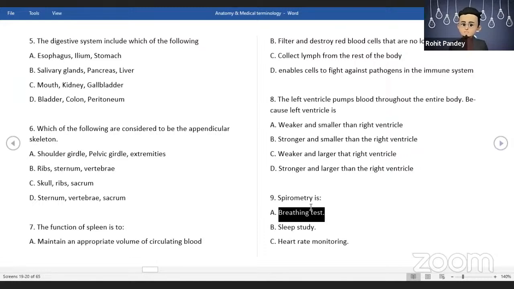I need to tell you more about spirometry, so let me check on Google. Spirometry is the most common type of pulmonary function or breathing test. This test measures how much air you can breathe in and out of your lungs, as well as how easily and fast you can blow the air out of your lungs. Your doctor may order spirometry if you have wheezing, shortness of breath, or cough.